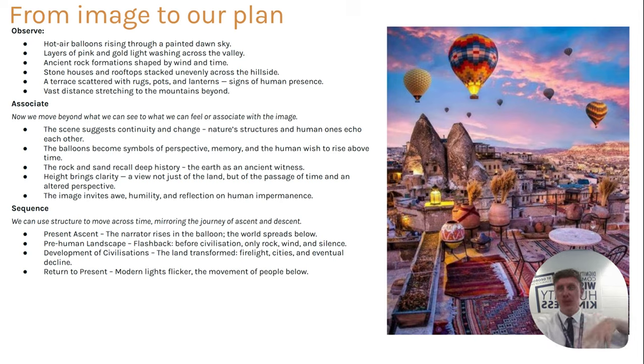And then we go back to the present, although we're still writing about it in the past tense, and that idea of modern lights flickering, the movement of people below, and that broader reflection on the idea that although we are at this particular moment in time, we recognize that all things human must pass, and therefore even things as they are now, the city as it is now in the photograph, that too will fade and decay.